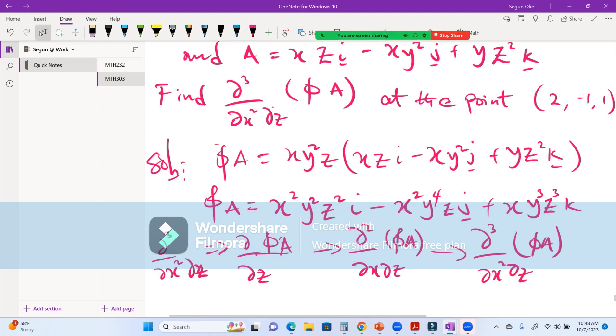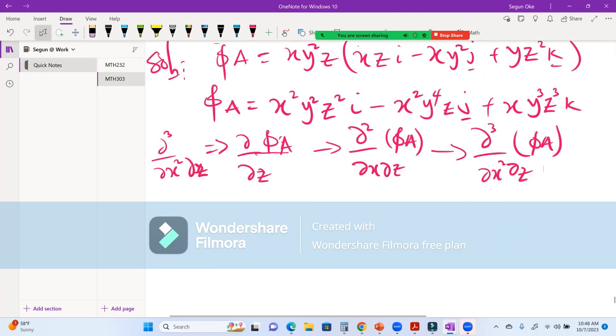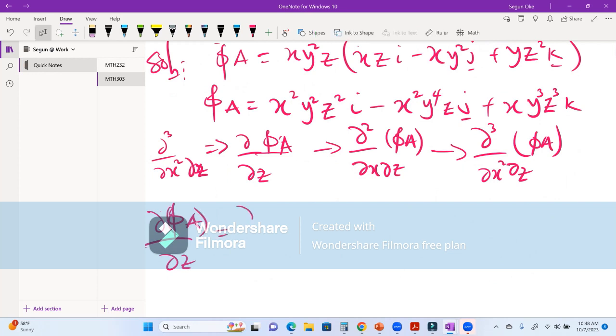So let's do it one after the other. Let's find the dz. So what is the d dz of phi a? It's going to be d dz of the entire expression.